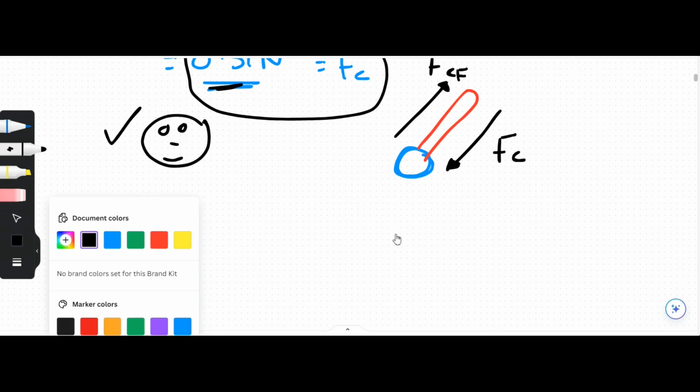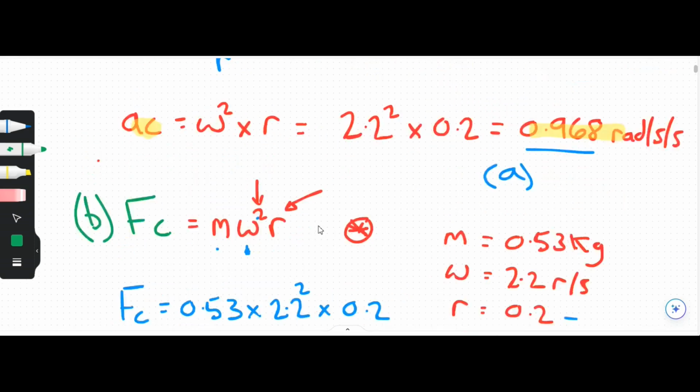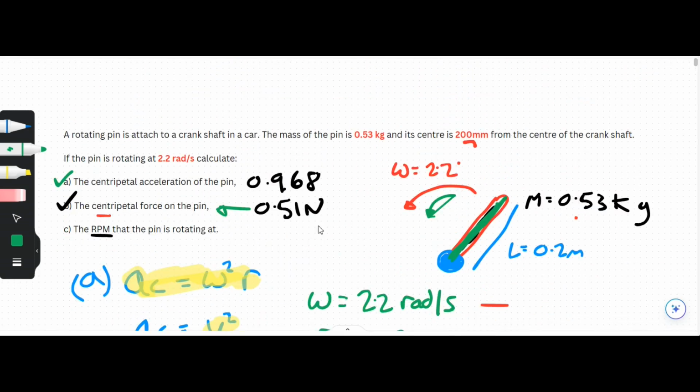So part C, we've got to find the RPM of rotation. Rotation. Okay, that just means, here, look.